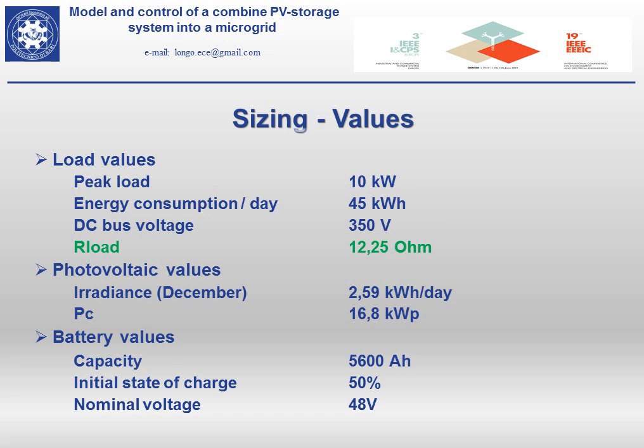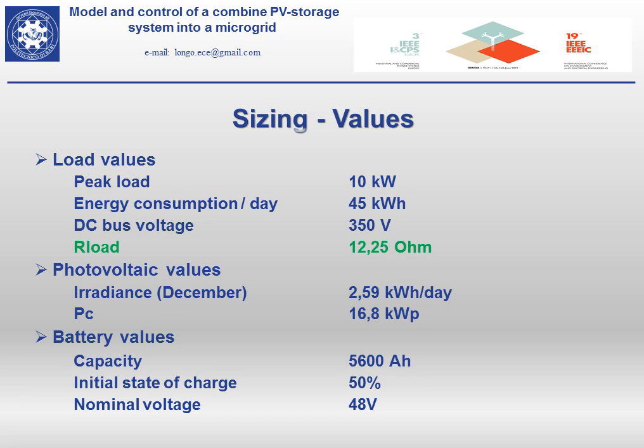Regarding sizing values, what I can highlight is that in our paper we have assumed that the load was constant. So we have considered 10 houses which were consuming the same amount of energy during the time.